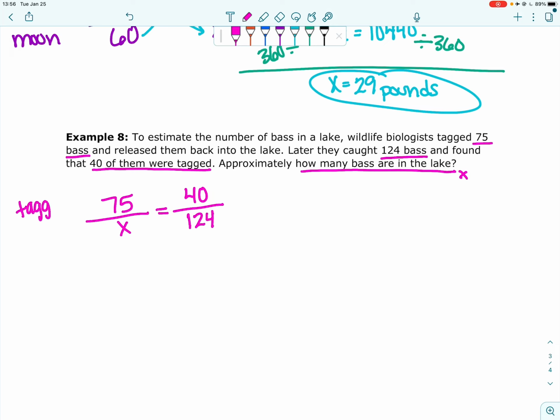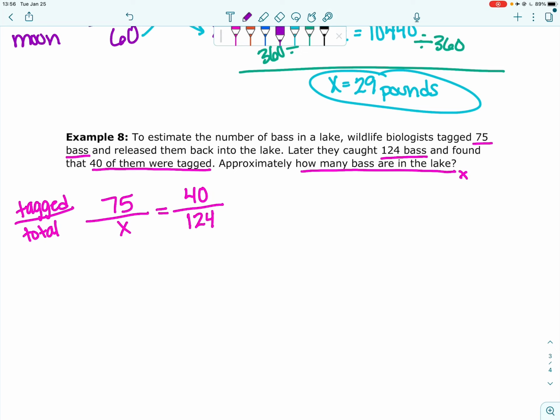So I set this up as tagged over total. So 75 out of all of the bass were tagged the first time, and then 40 out of the 124 that they recaught were tagged.